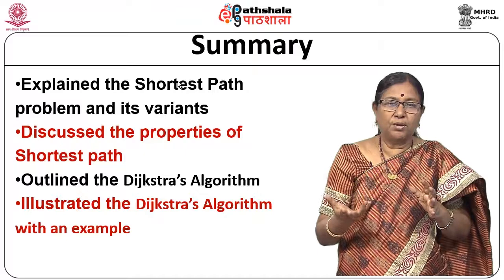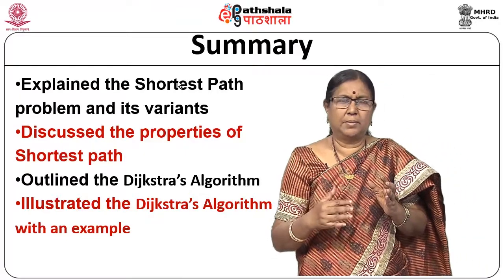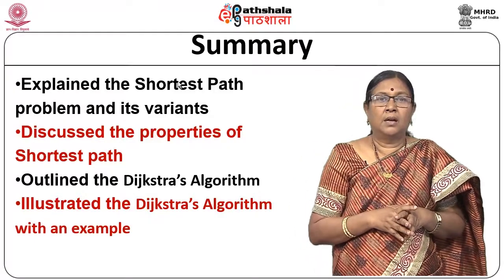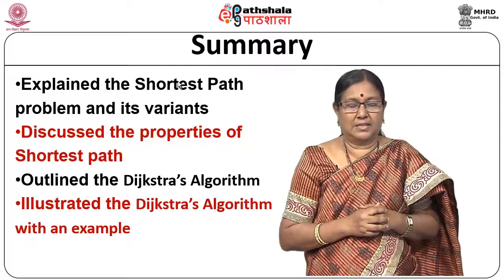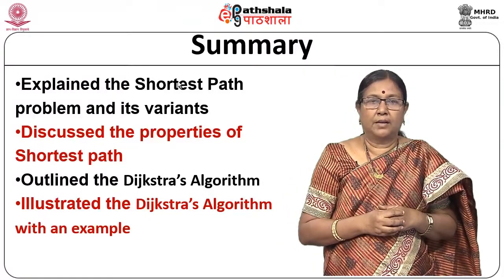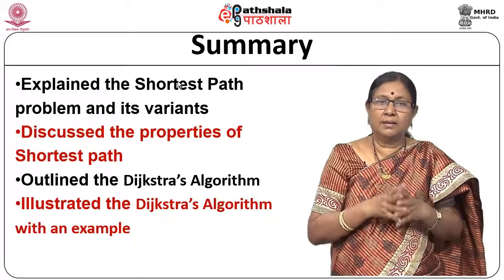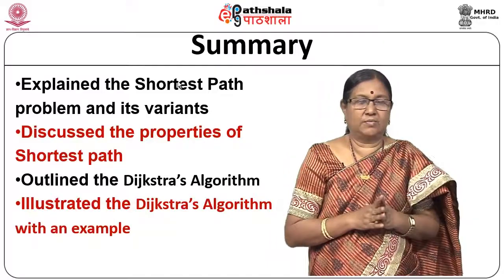In the next module, we will be talking about other shortest path algorithms, the Bellman-Ford algorithm and an algorithm for all-pairs shortest paths. That will complete the graph algorithms that we have been discussing thus far. Thank you.